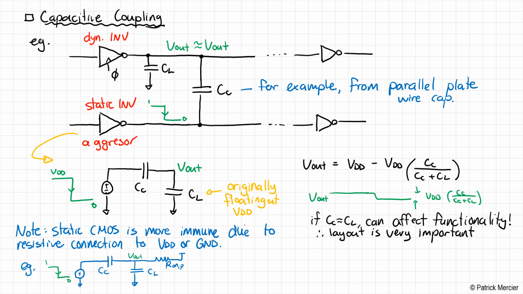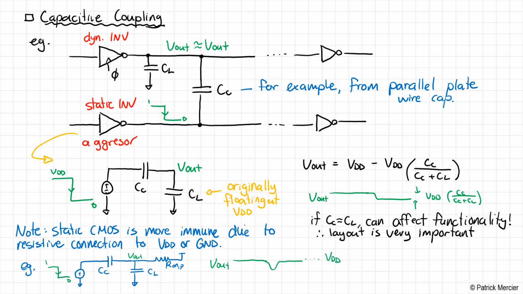All right, so if we do have an event where we have this aggressor here, then what's going to happen is V out, it's playing happily at VDD. There's going to be some perturbation. It's going to go down, just like it did in the dynamic case. But because that resistor is strongly pulling things up, it's eventually going to pull it back up to VDD, where this voltage here is VDD.